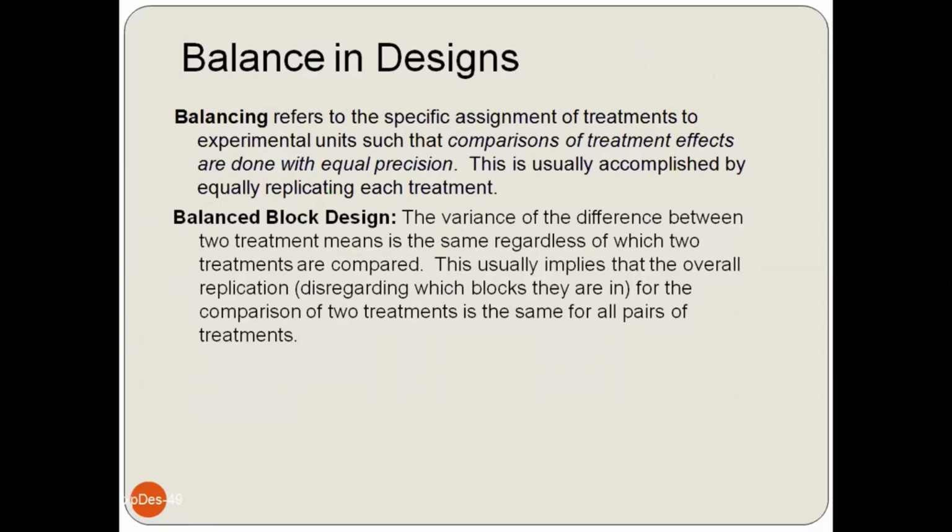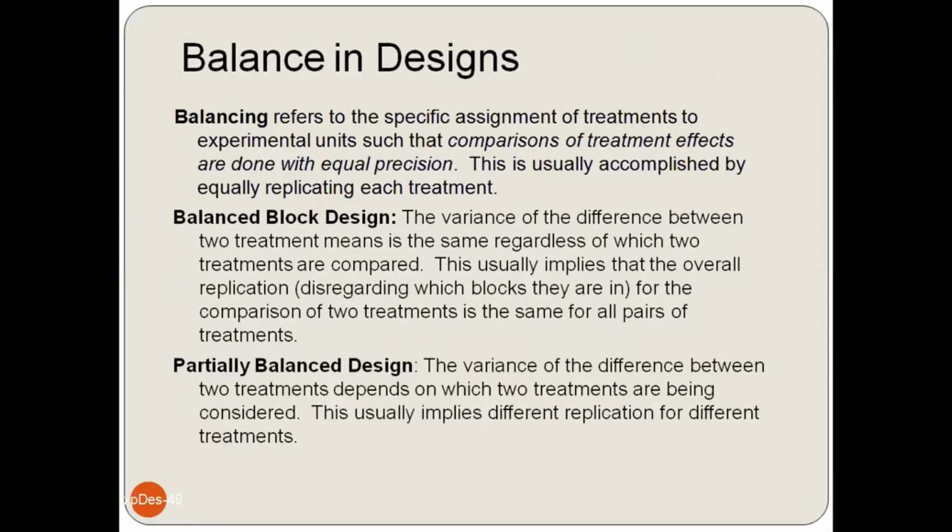This usually implies that the overall replication for the comparison of two treatments is the same for all pairs of treatments. Partially balanced, you will not learn in this particular course.